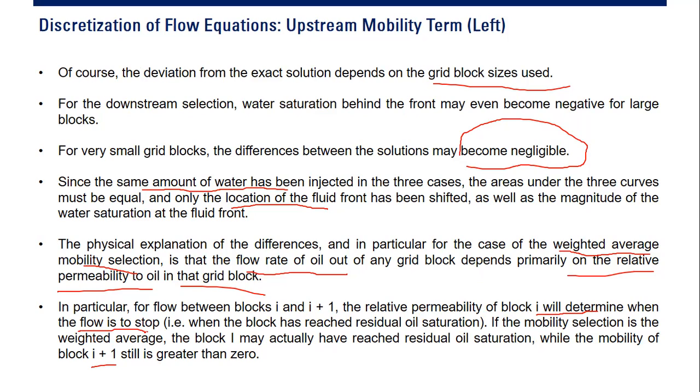The flow will be stopped when the block has reached residual oil saturation. If the mobility selection is the weighted average, block I may have reached residual oil saturation, while the mobility of block I+1 is still greater than 0.